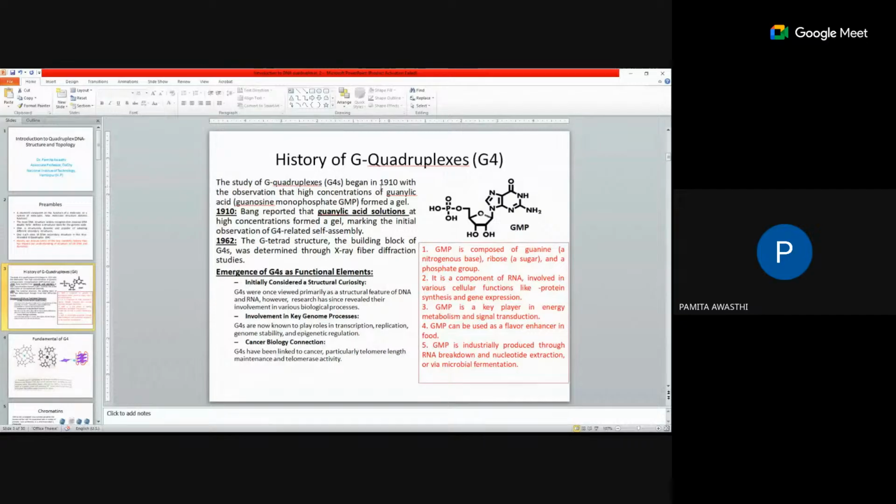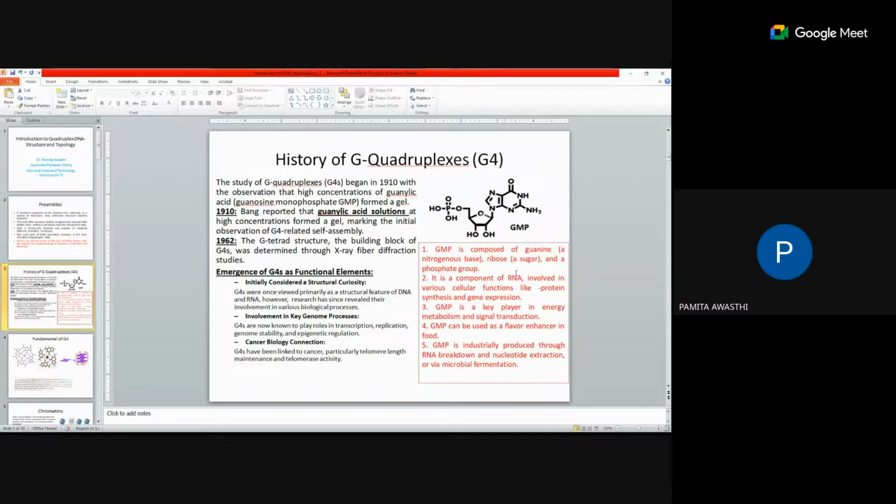Okay. In 1910, it was observed that a high concentration of guanylic acid, also called guanosine monophosphate, GMP, formed a gel. GMP is composed of guanine, which is a nitrogenous base, ribose sugar, and a phosphate group.